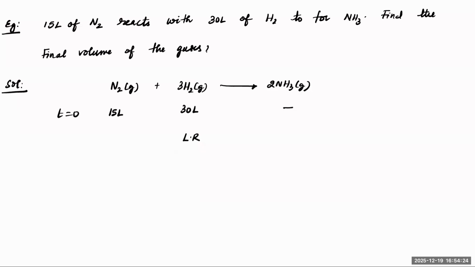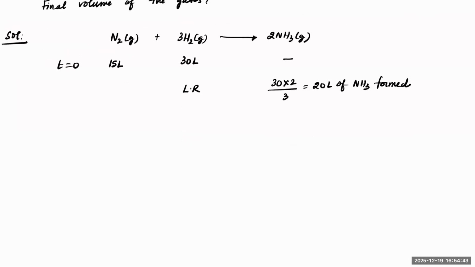So check out, every 3 moles is giving 2 moles. So 30 will give you how much? So 30 will give you 30 into 2 divided by 3, which is 20 liters of NH3 formed. Correct.